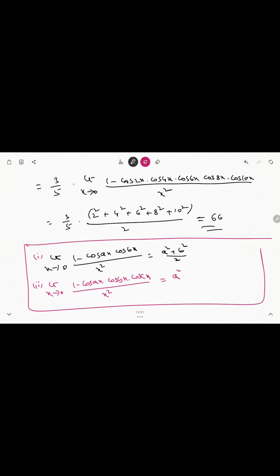We can say now a square plus b square plus c square by 2. Here there are 1, 2, 3, 4, 5. So squaring and adding simply. By applying L'Hopital rule, 0 by 0 form. So if you know this part, you can do directly within 1 minute. Hope that you got it.